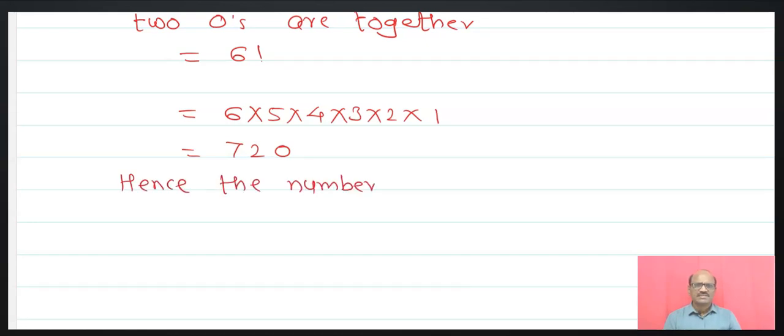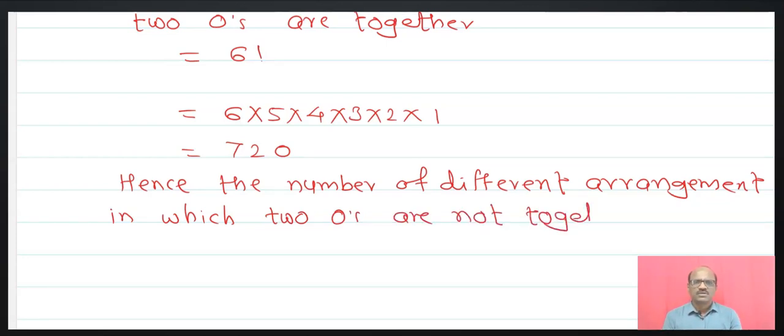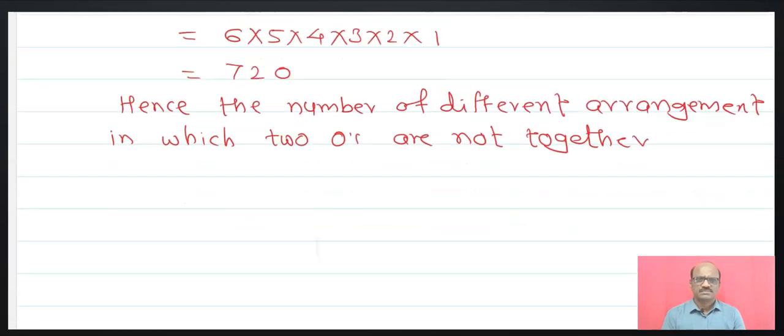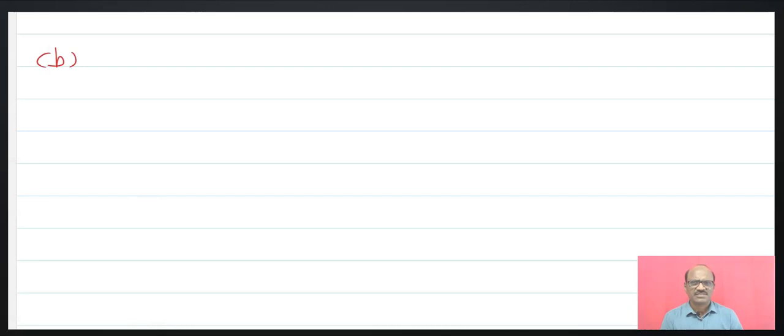Hence, the number of different arrangements in which two O's are not together is 2520 minus 720, that we subtract with this.